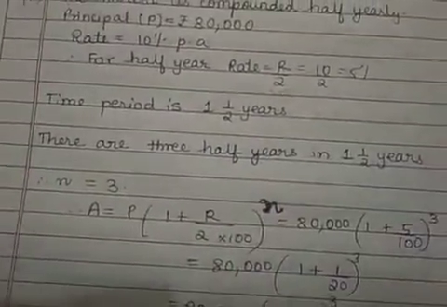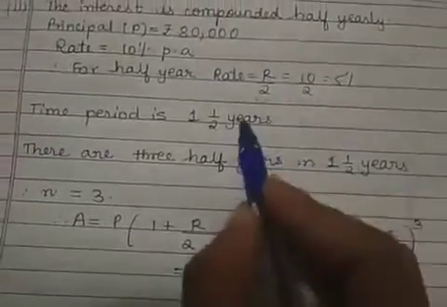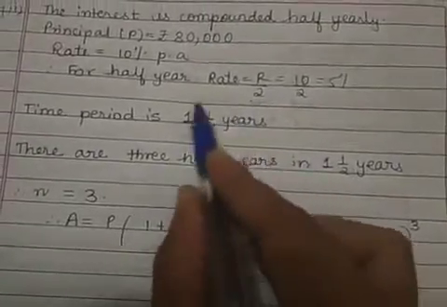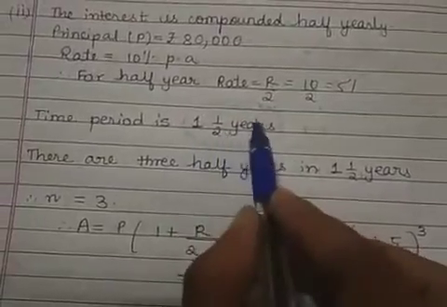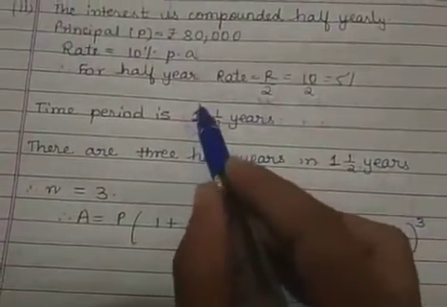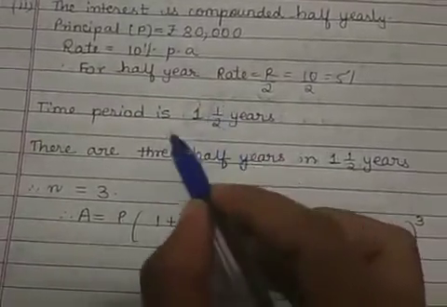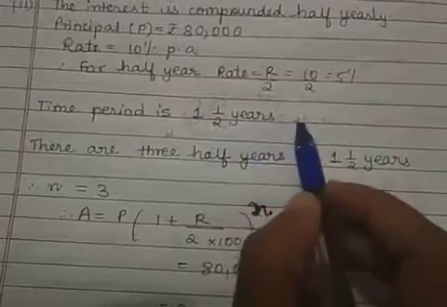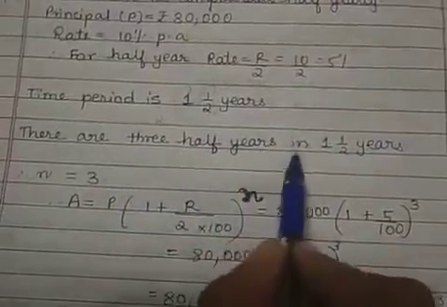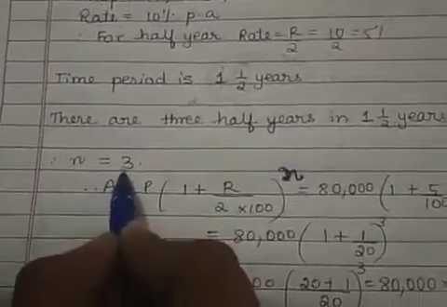So as I told you before, when it is compounded half yearly, you have to find out how many half years this is. So total how many half years will it have? 1 year will have 2 half years, and there is another half year. So total 3 half years. So there are 3 half years in 1.5 years. Okay, so your n becomes equal to 3.